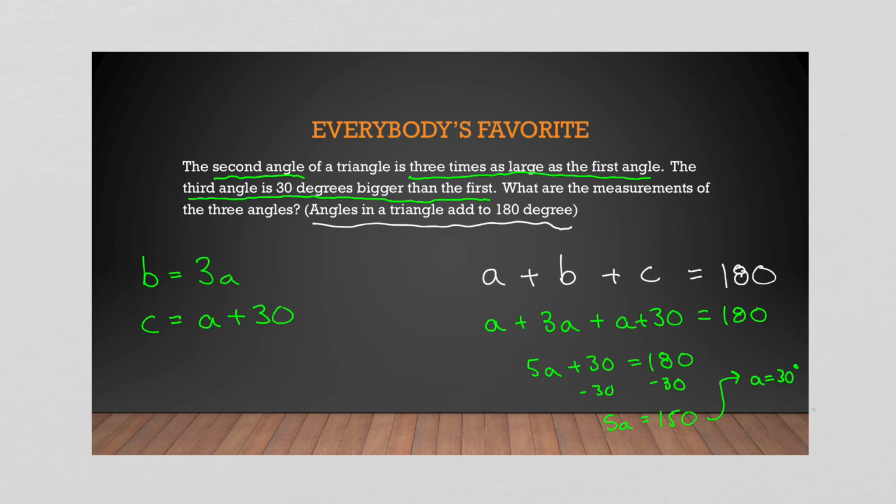So you have one angle, and that means B would be 3 times A, which would be 3 times 30, which means B is 90 degrees. And C would be 30 plus 30, which would be 60 degrees. So it means we have a triangle which is 30, 60, and 90 degrees. And those add up to 180. So again, it's about parsing out that information.